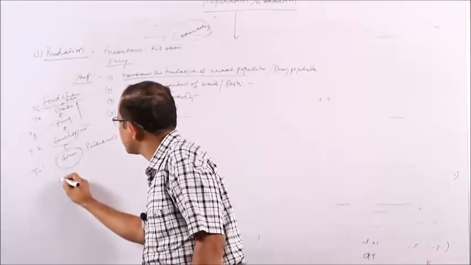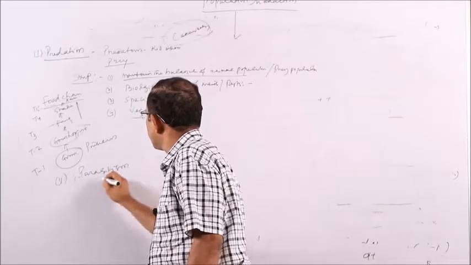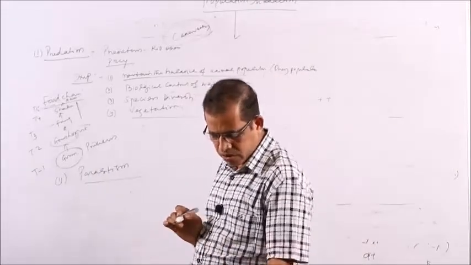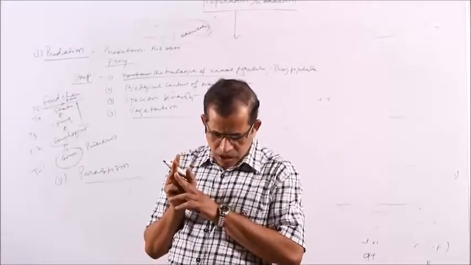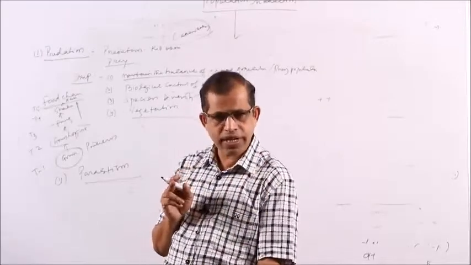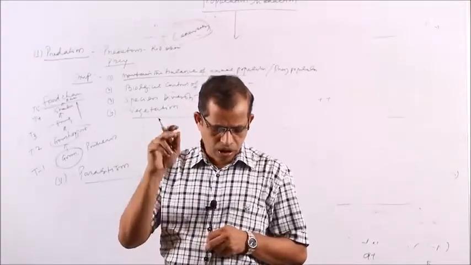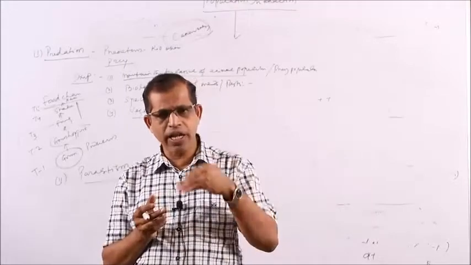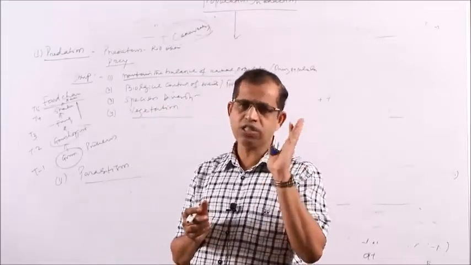Next we will go to the second one, called parasitism. If we discuss parasitism, it is a relation between two organisms of different species, in which one organism called the parasite obtains food directly from the other one, the living organism, that is the host.